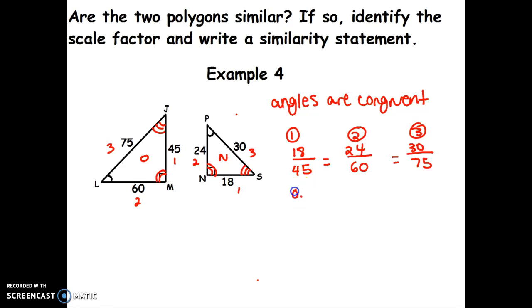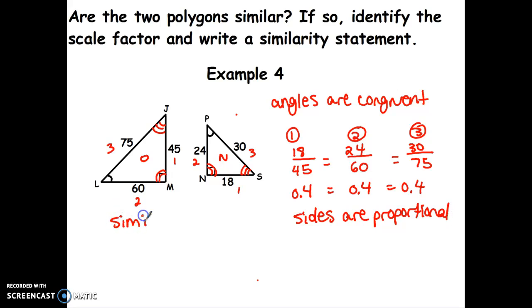When we do our division, that gives us 0.4 here, 0.4 here, and 0.4 here. Because all of those numbers are the same, that tells us that the sides are proportional. So because the angles are congruent and the sides are proportional, the figures are similar.